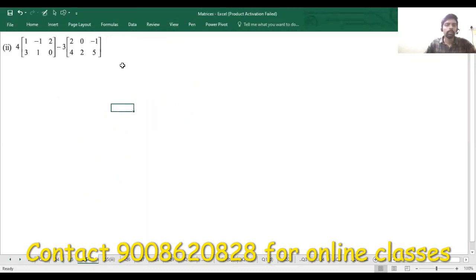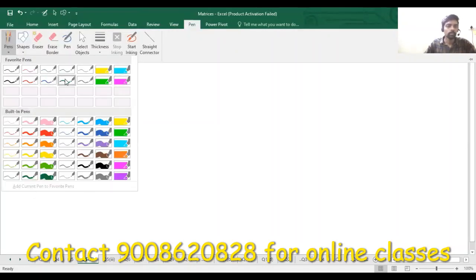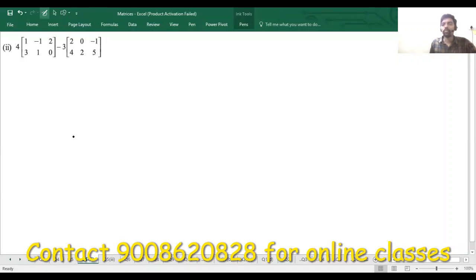Again, the question is same here also. We need to simplify this. So first scalar multiplication, and then you need to subtract these two matrices. So guys, multiply the first matrix by 4. 4 into 1 is 4. 4 into minus 1 is minus 4. 4 into 2 is 8. 4 into 3 is 12. 4 into 1 is 4. 4 into 0 is 0.